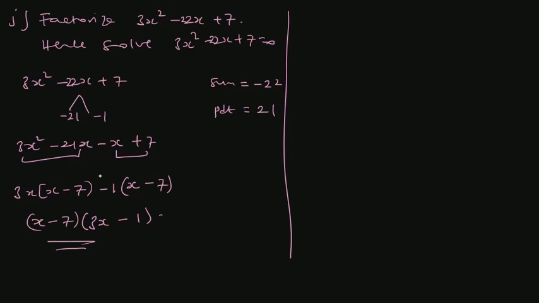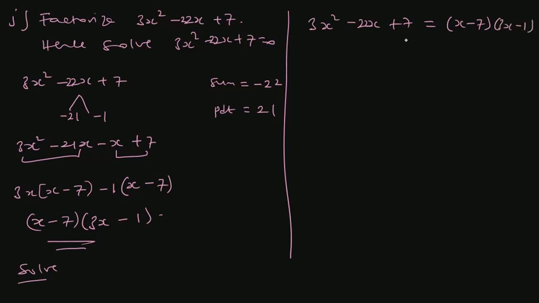Now we go on hence solve. So if they say hence, start from where you stopped. Hence solve. So to solve, we have this already, 3x squared minus 2x plus 7 equaling to x minus 7 into 3x minus 1.